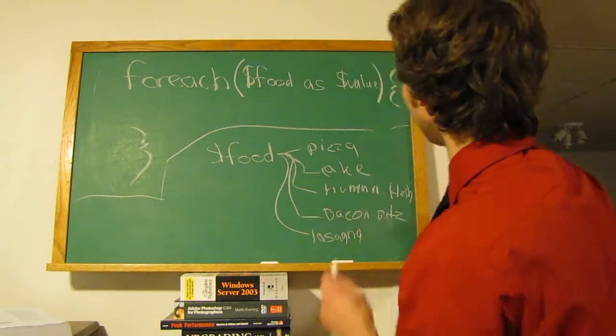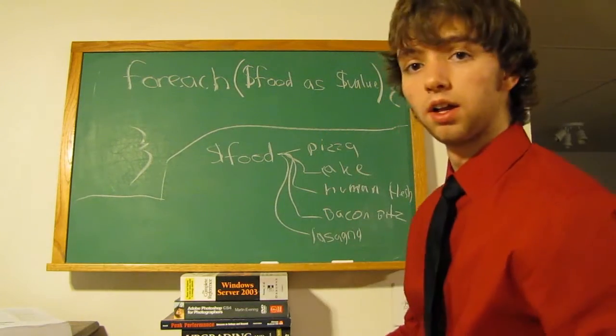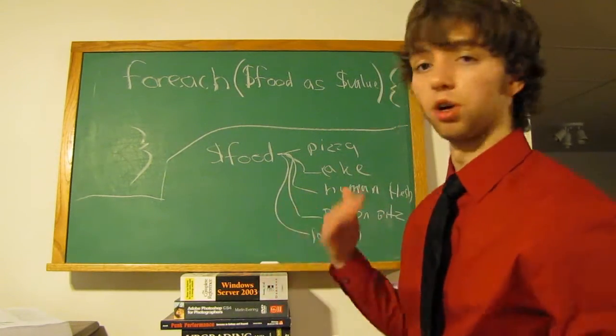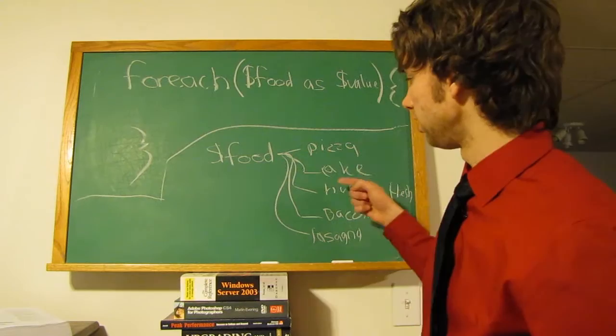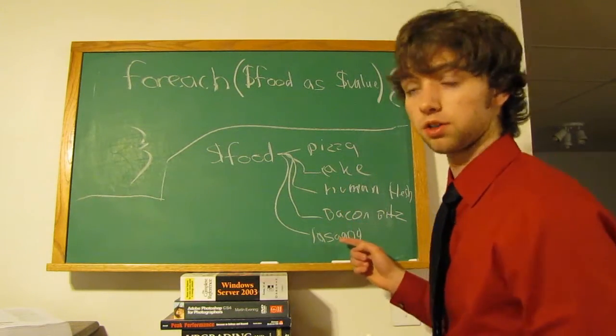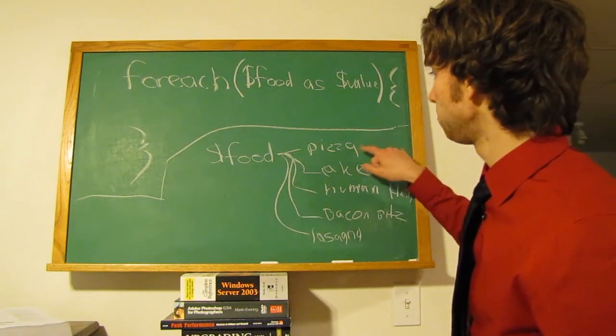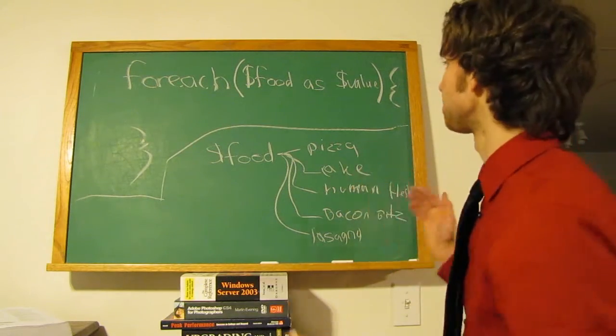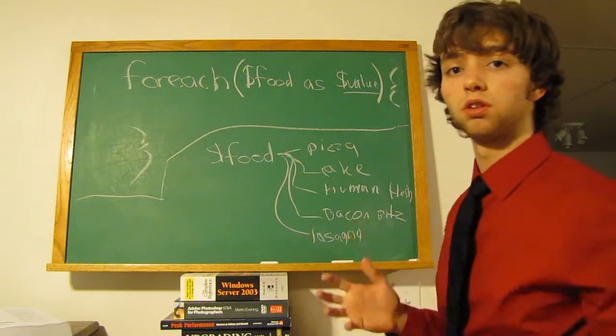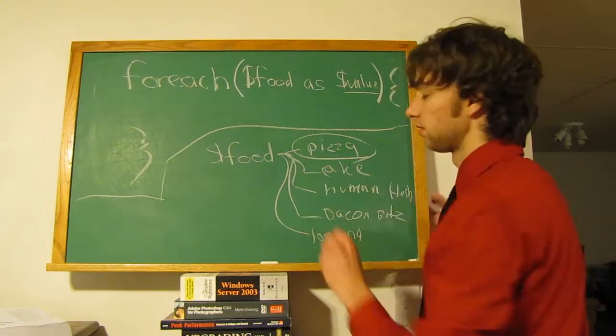So how does this work exactly? Well, it's going to iterate or go through every single one of these key value pairs. So the first one, pizza. It's going to assign value pizza.